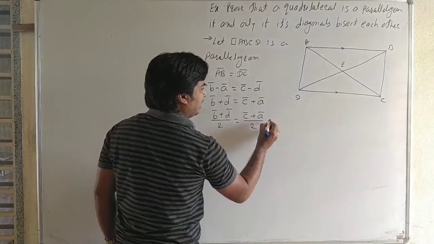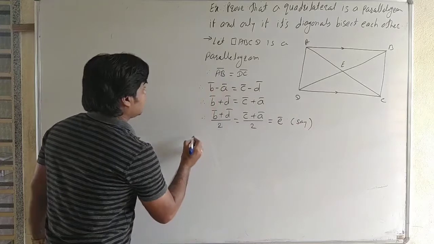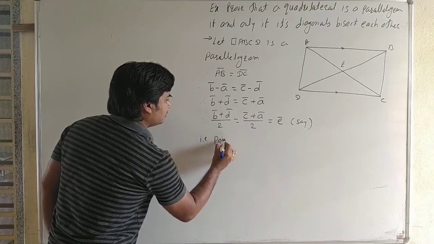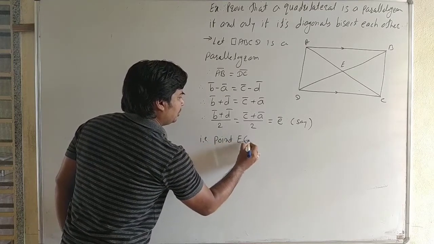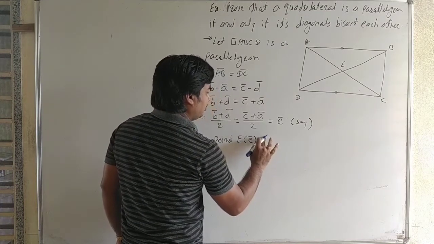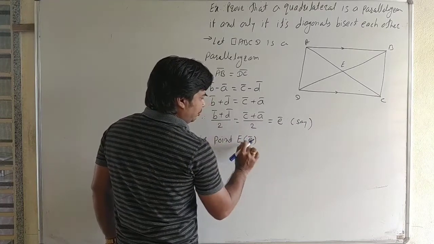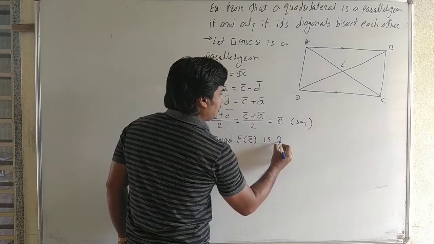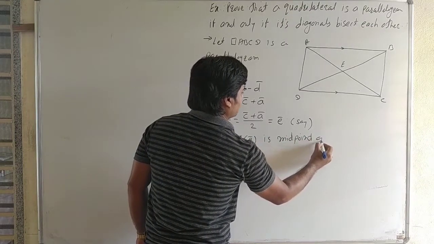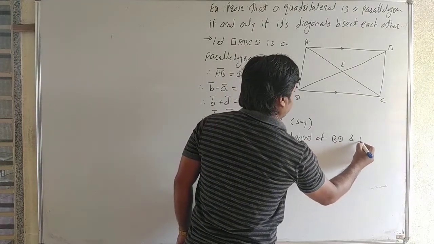Let us say it is E bar. Say that point E with position vector E bar is the midpoint of BD and AC.